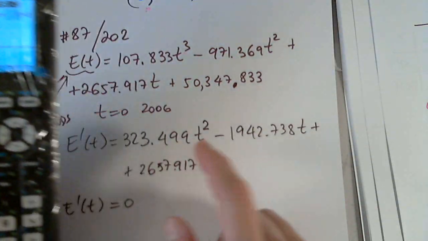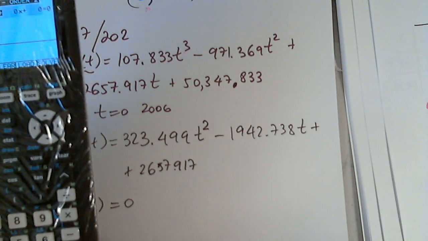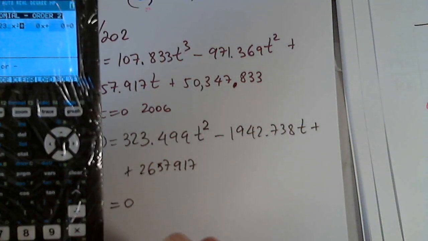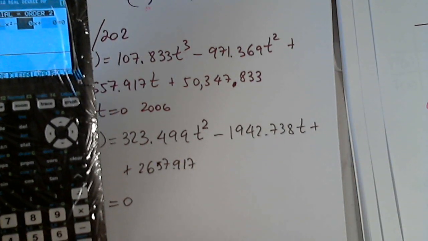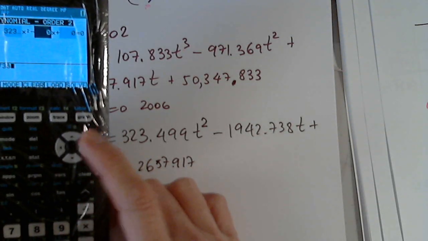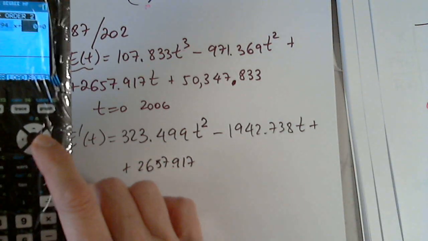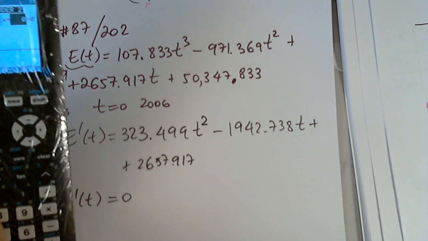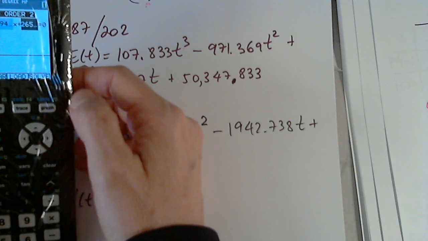And next, the leading coefficient 323.499, enter, and this is minus, and now I enter 1942.738, enter, and plus, yes, it's plus, and I want this 2657.917, and enter, and solve.